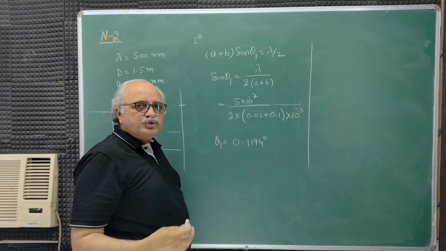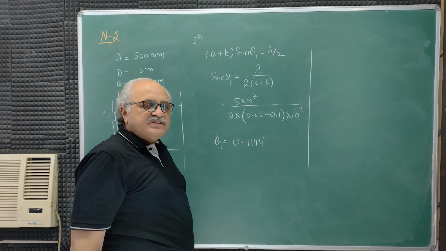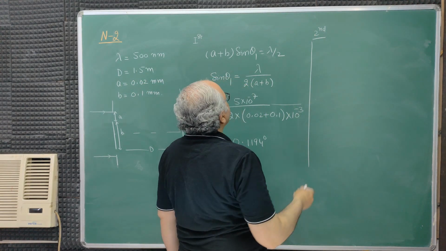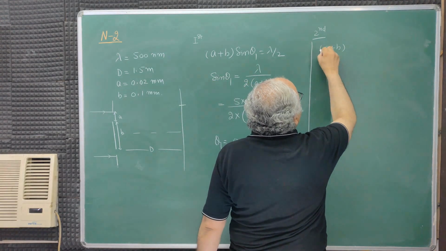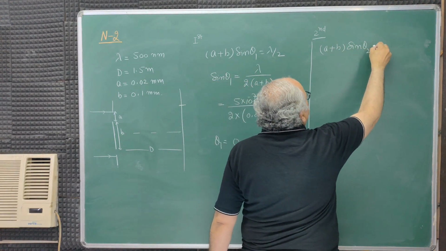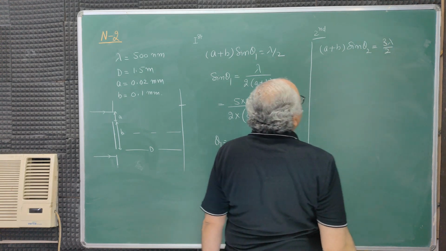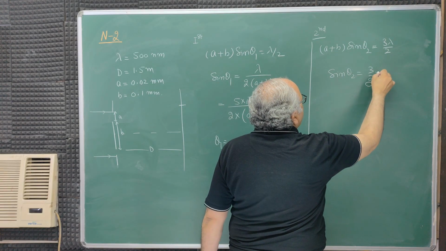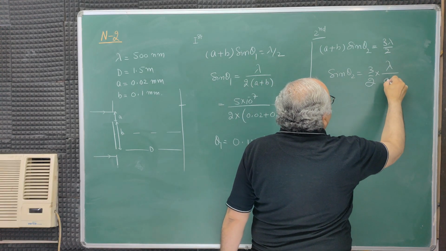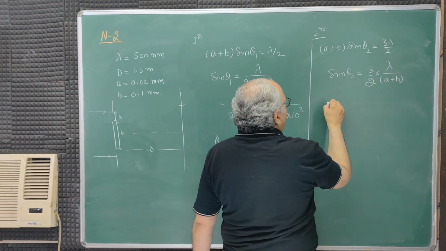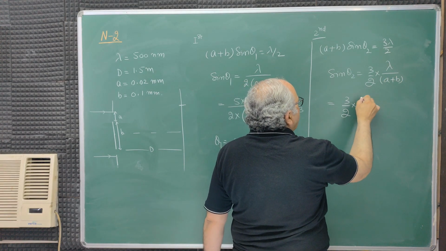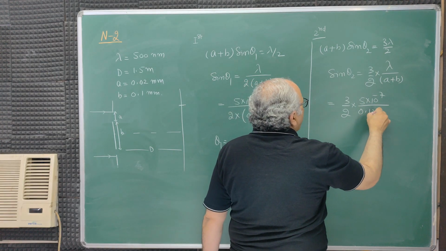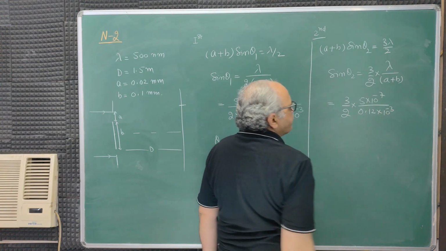Similar formula is to be used to calculate the angular position of second minima. Now this is the secondary minima. So the condition is a plus b sine of theta 2 equals to 3 lambda by 2. So sine theta 2 therefore is 3 by 2 lambda divided by a plus b, and is equals to 3 by 2, 5 into 10 to the power minus 7 divided by, when you add it, 0.12 into 10 to the power minus 3.